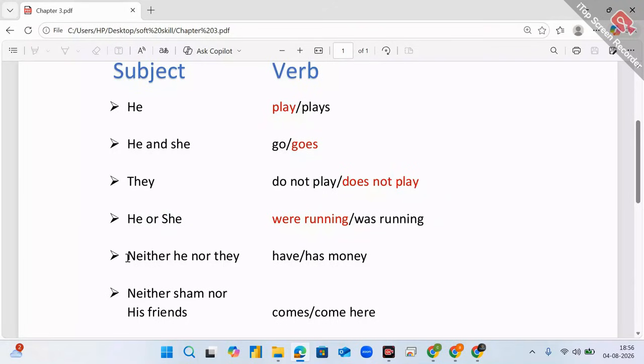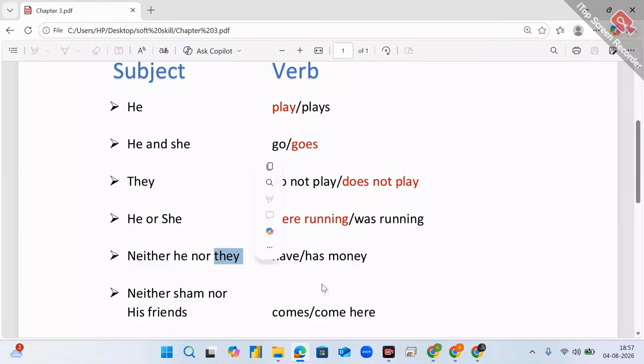Okay, next, neither he nor they. Everyone is aware of this kind of sentence, neither nor, either or, right? For this, the verb agrees again with the nearest subject. As you can see, there are two subjects, he and they, so the nearest subject is they, and they is plural.